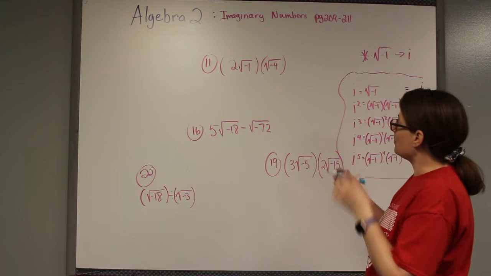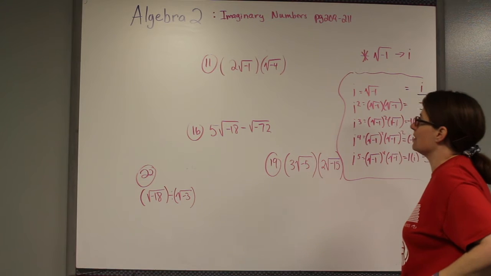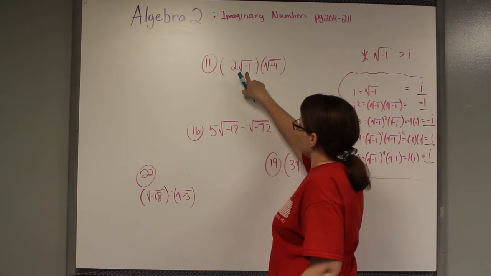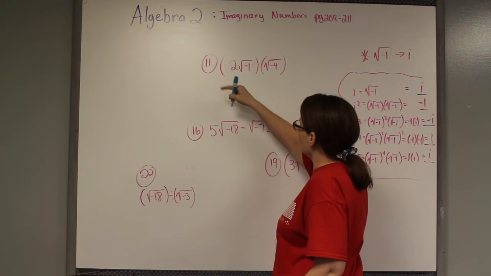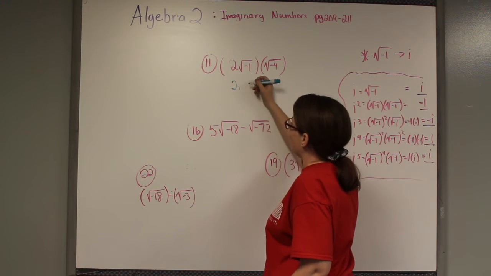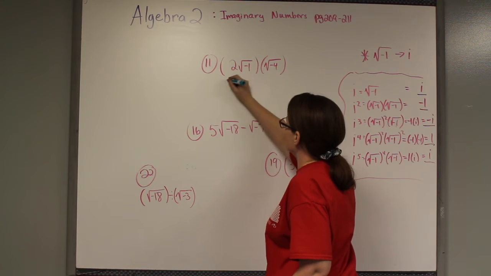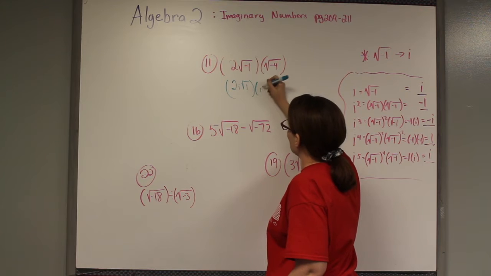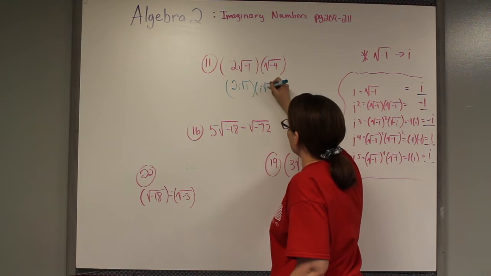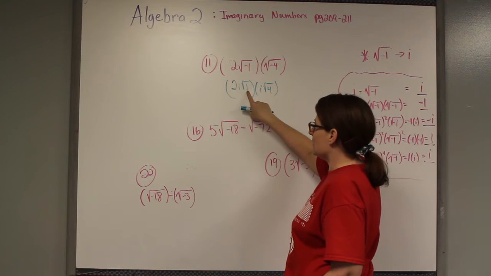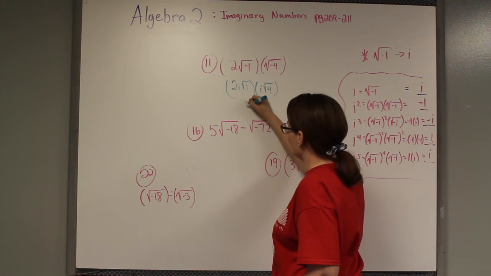So on problem 11, if there's a -1 under the radical, we're going to pull the negative out, which makes an I on the outside, and leave the rest like this. The square root of 1 is 1, so 1 times 2i would be 2i.